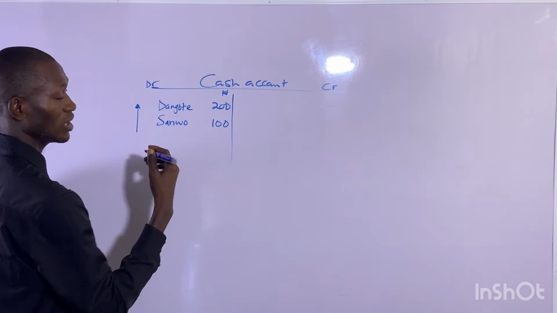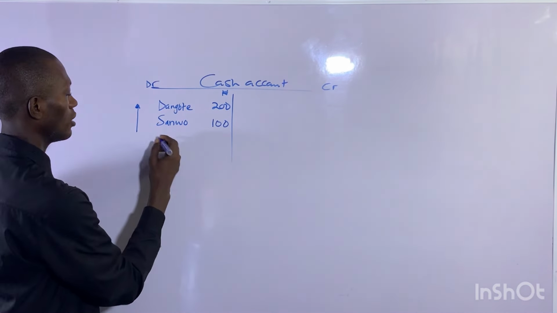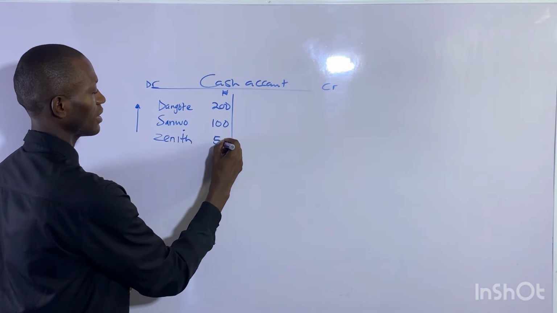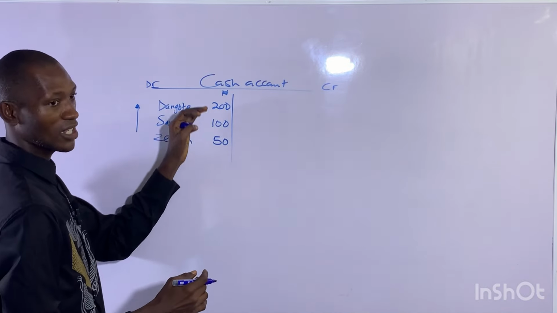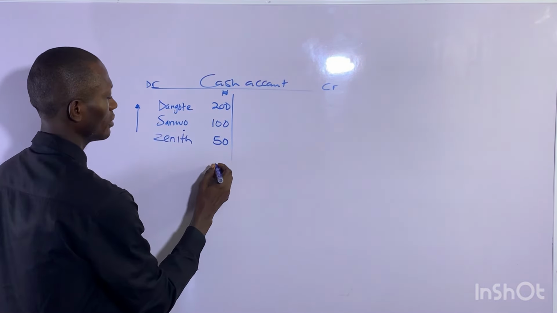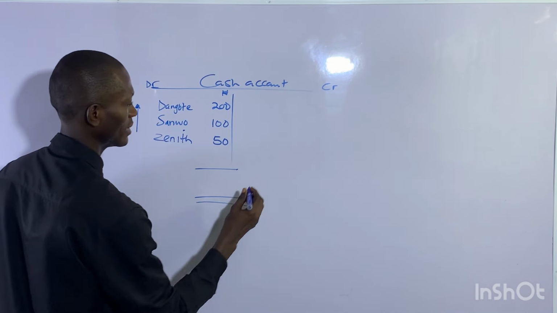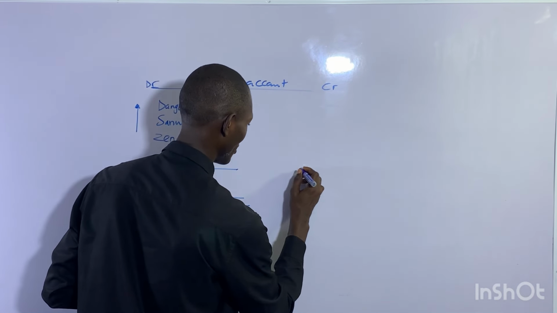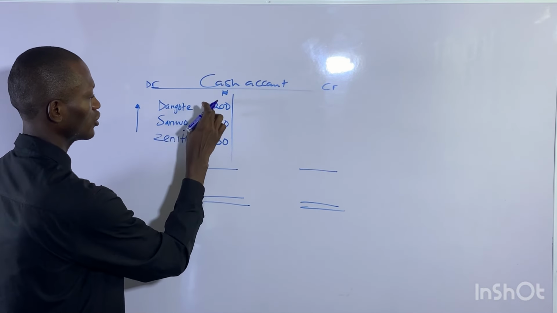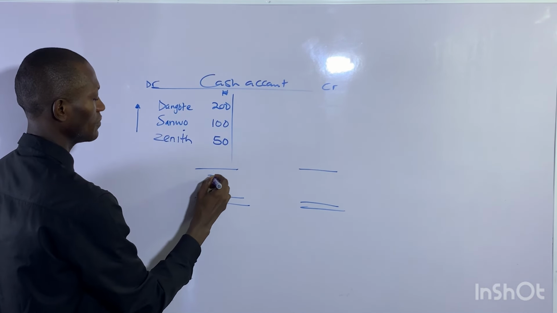Let's say we receive cash from Zenith Bank. Look at it, Zenith Bank. We receive 15 naira. The balance in it keeps increasing. So the balance in this account now, that should be 300, that's 350.